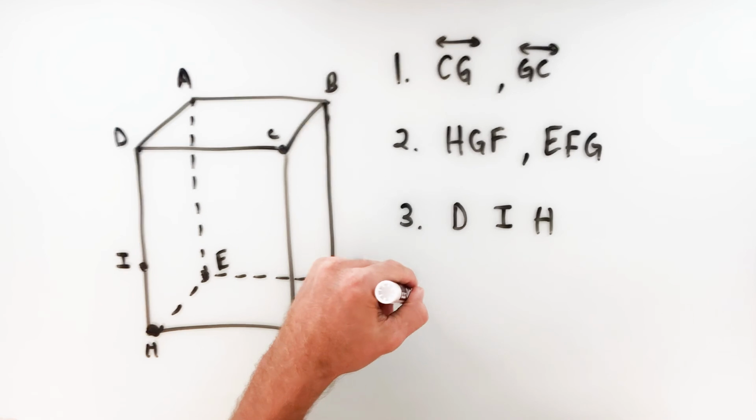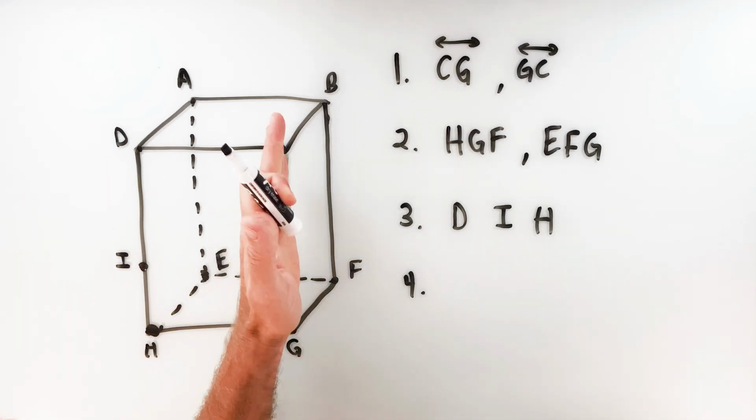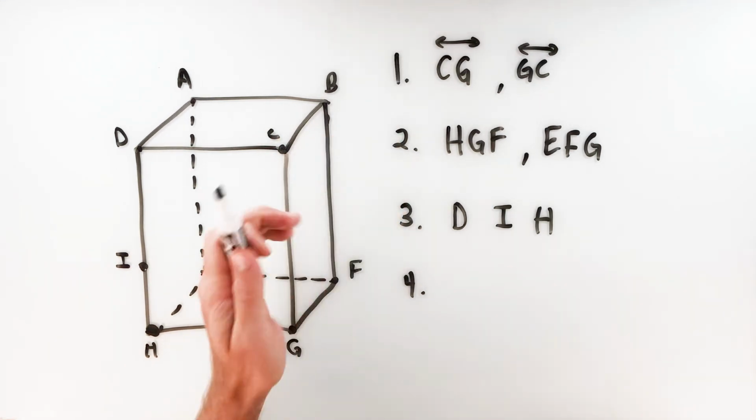Okay, number 4. Next question is, where does the front right side of the box intersect the top right edge? So again, where does the front right corner, I'm talking about this line CG that we looked at in number 1.